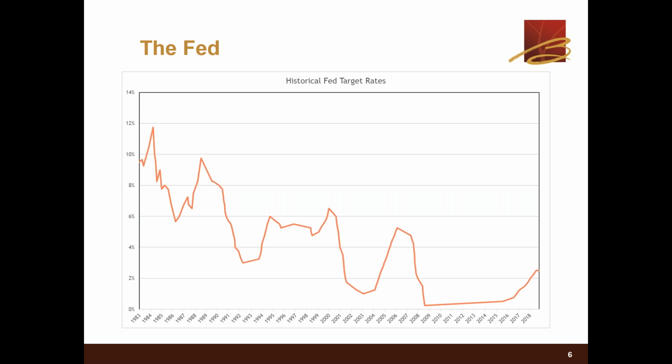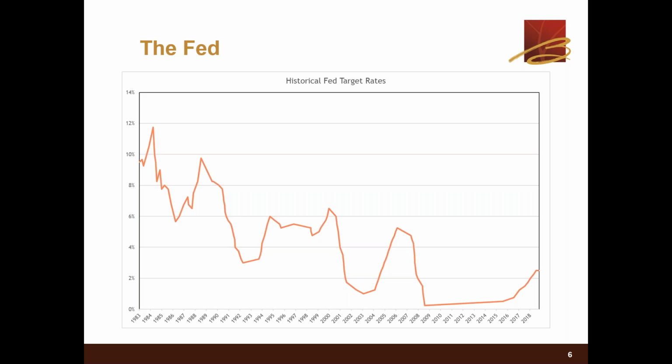And they left it that way for quite a period of time between 2008 and 2009, and they just began to increase those rates very gradually in 2015. So, interesting perspective on history. You can see that where the Fed funds rate sits at this point, it's between 2.25 and 2.5%.